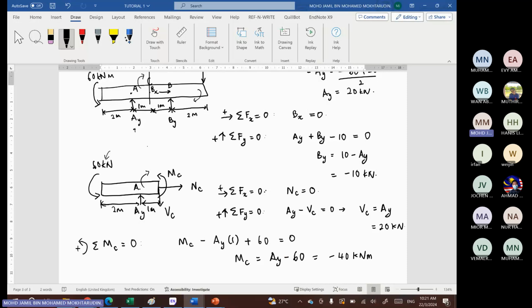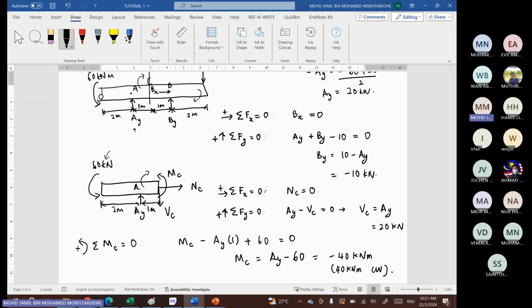Or we can say this is 40 kilonewton meter clockwise. Okay, so that's it for question 1. Anything that you want to ask?